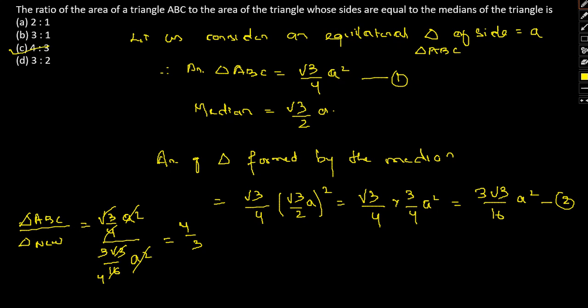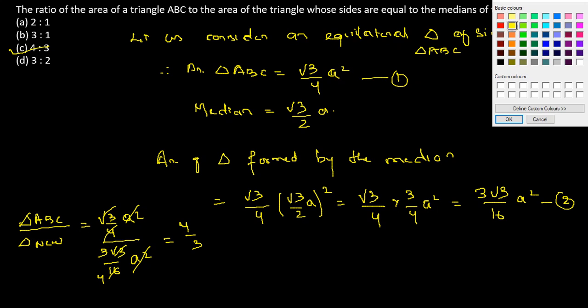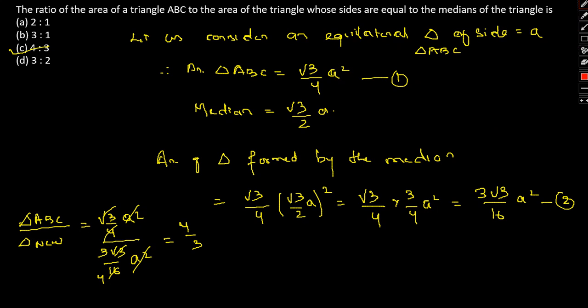So this is a very easy question in general. All we had to do was simply we need to know that for an equilateral triangle, let me just highlight the formula here so that things are clear to you.